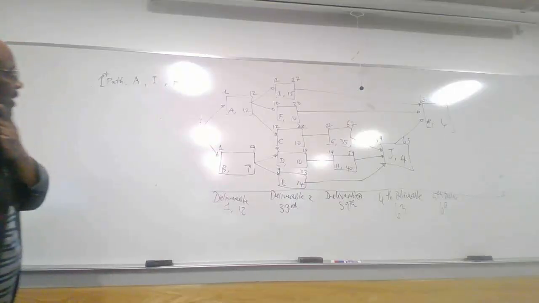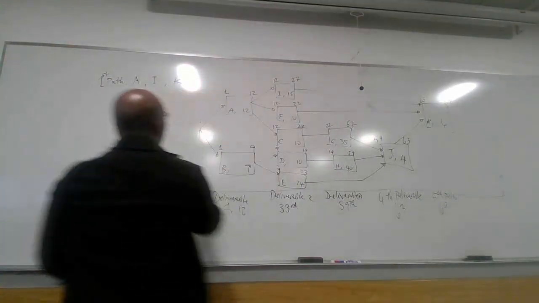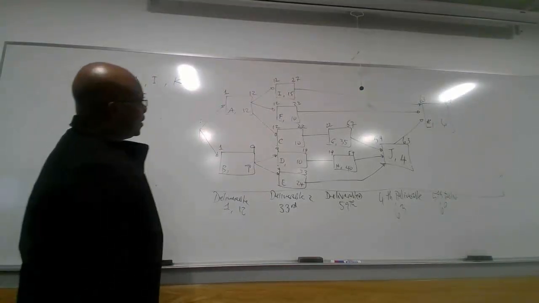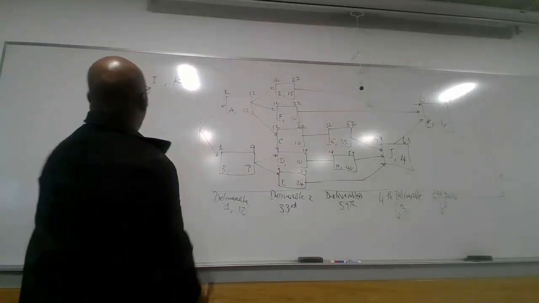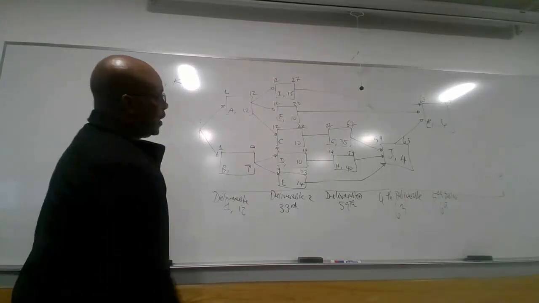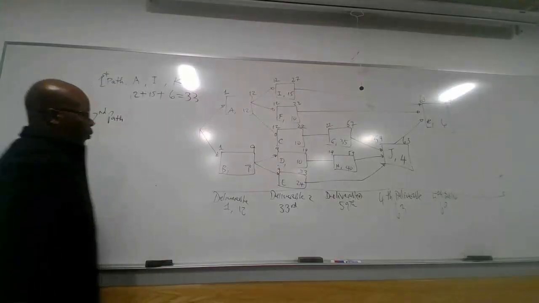And so how long does it take? We're going to see that we have 12 weeks for A. So plus I, we have 15. And for K, we have 6. So this one will take actually 33 weeks.